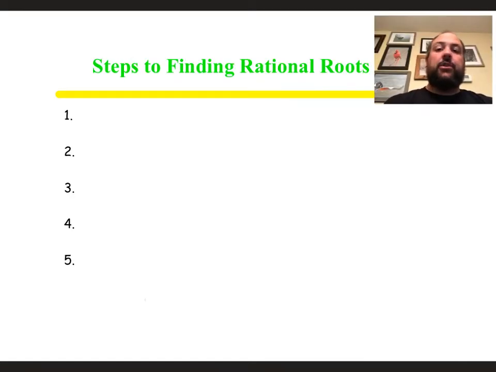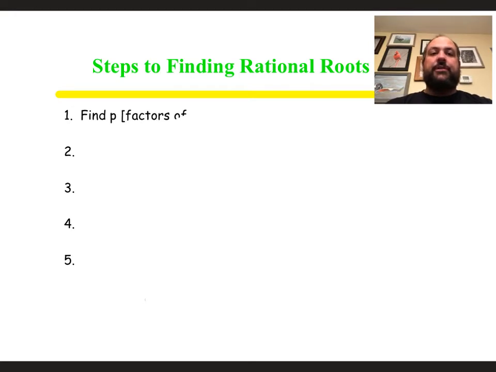All right, before we start solving, let's go through the steps to figuring out what the roots are. There are 5 basic steps. First, as you saw, we're dealing with rational numbers, so we have to come up with the possible solutions. First we figure out the p values we might be able to use. Again, p represents the factors of the constant term in the polynomial.